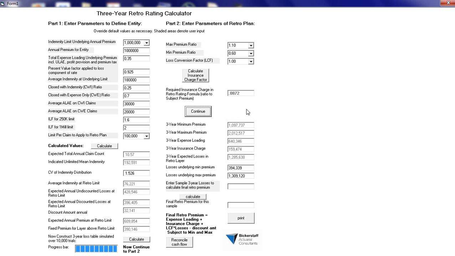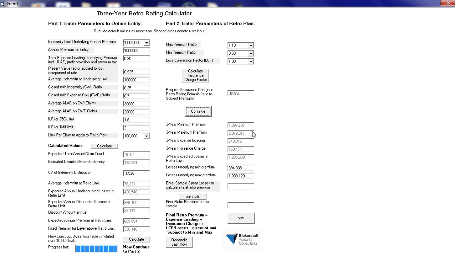Now we've calculated the 3-year minimum premium, and that's 60% of 3 years of standard premium down here, which is $1.8 million, so that gives you about $1.1 million, and that's the minimum premium. The maximum premium is 110% of that $1.8 million, which is 3 times the 609, and that produces a little over $2 million.